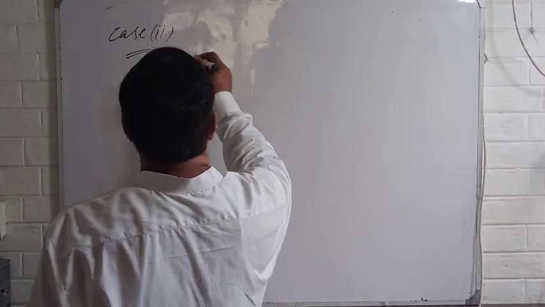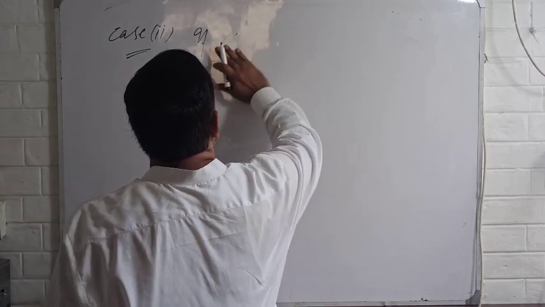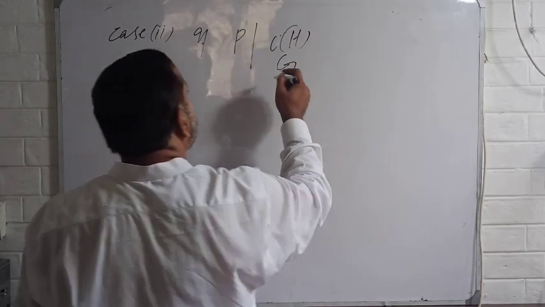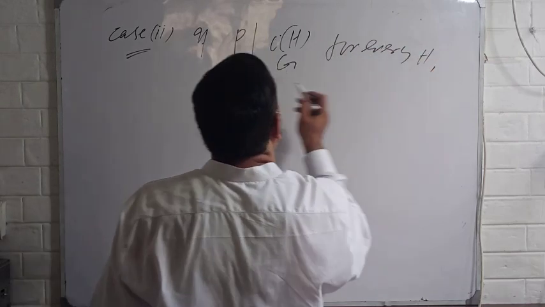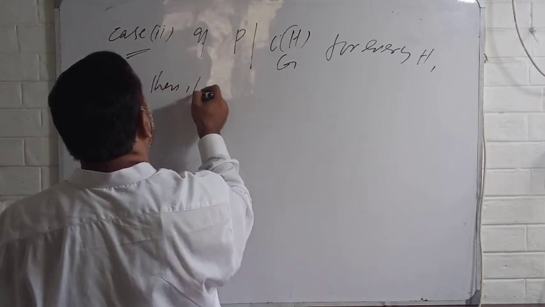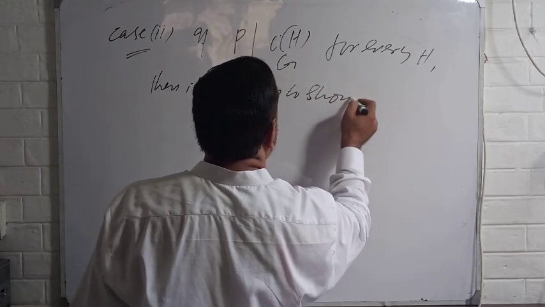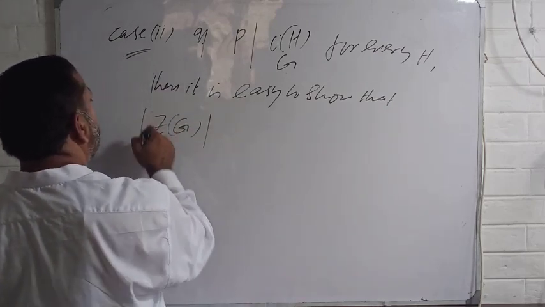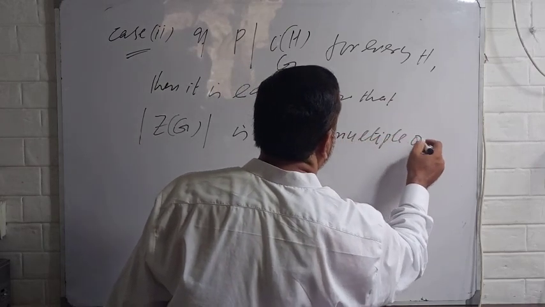Or you can directly write, we know that if p divides the index of H in G for every H, then it is easy to show that the order of the center of G is p or a multiple of p.